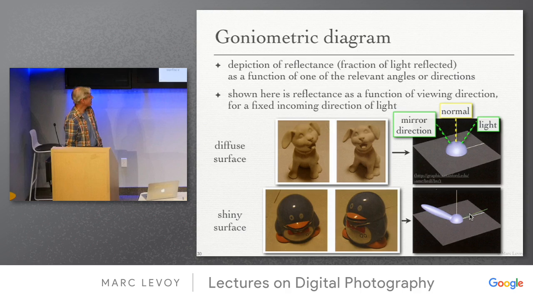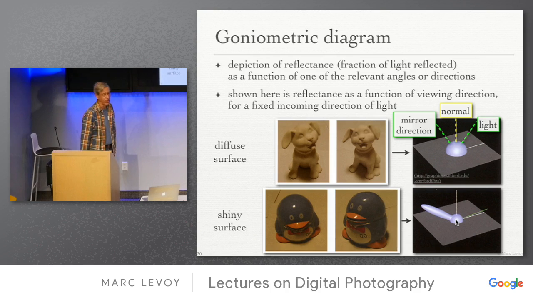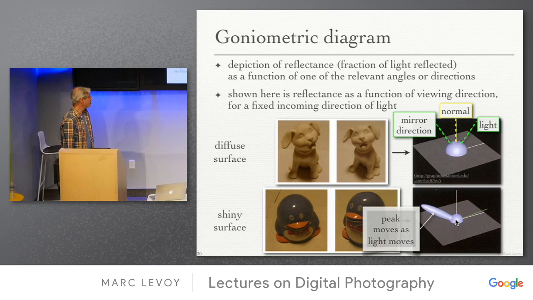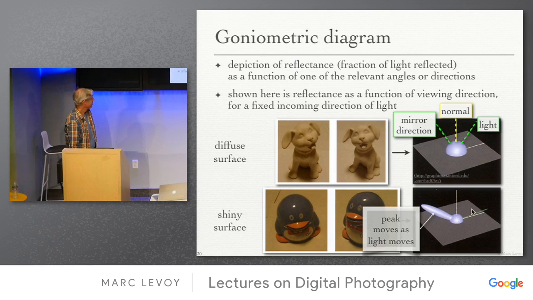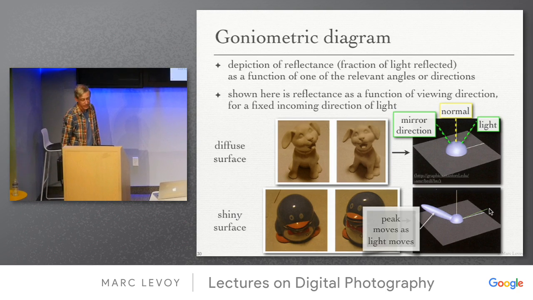And so in the case of a shiny surface, there's the light coming in, there's the small diffuse ball, there's the specular component, and I think this purple shaded thing is showing the envelope that is both, so the total reflectance. And the peak will move as the light moves, which there's nothing to move here. But in this case, as you swing that light around, then the peak will move. That's what we think of as a shiny object.